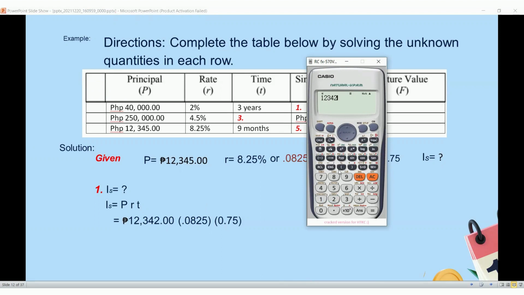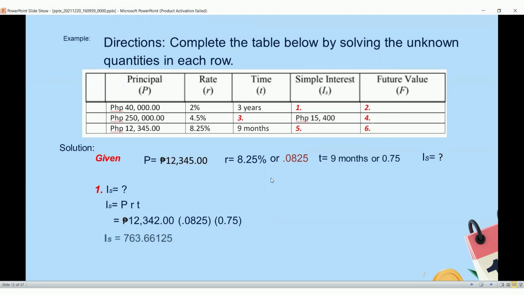Ito ang nakuha natin, 763.66125. Kunin na natin yung last two numbers pagkatapos ng decimal, at wala naman need i-round off. Kaya ang ating simple interest ay 763 pesos and 66 centavos.